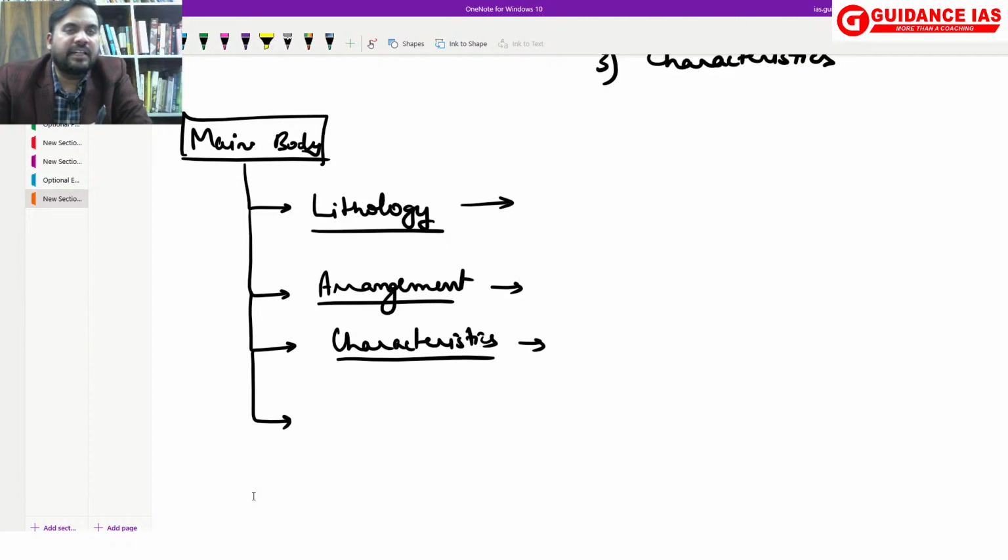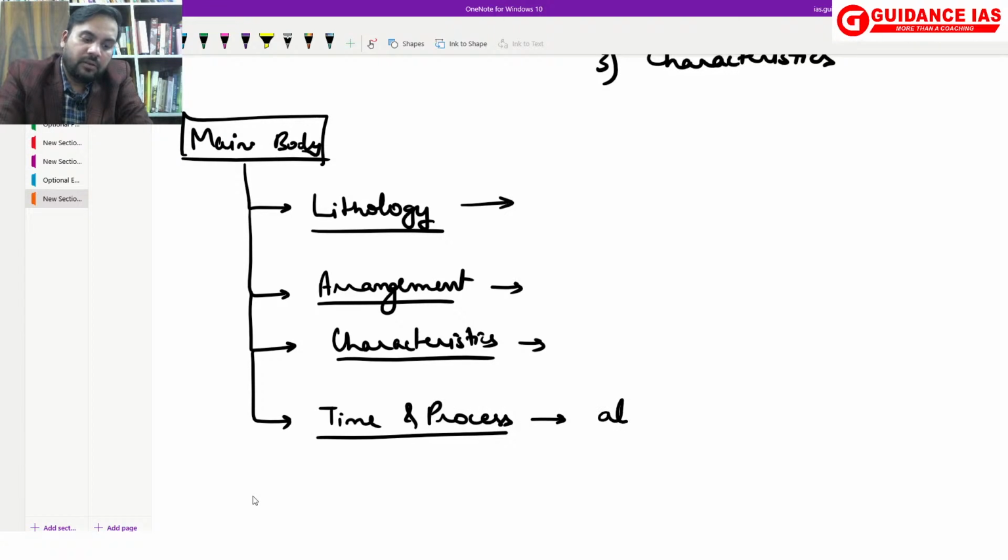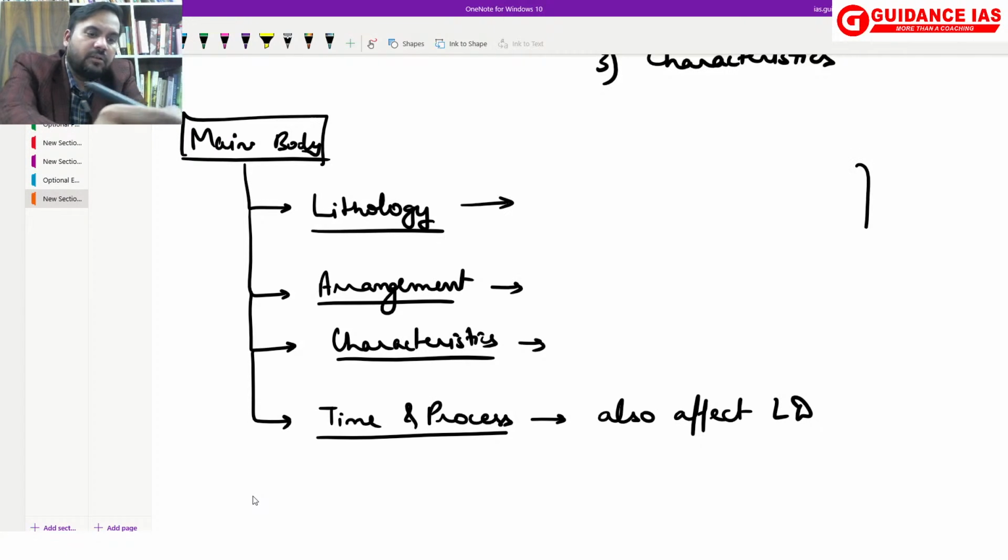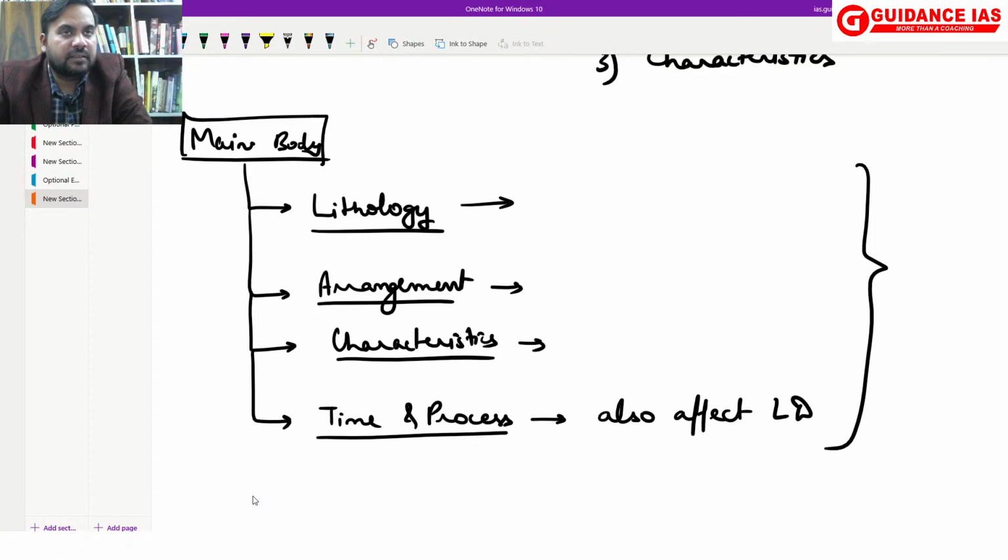This statement is just talking about structure to the exclusion of two other important factors, time and process. So I will write one more paragraph on how time and process also affect landform development. So your main body will have these four parts and then you can write a conclusion.